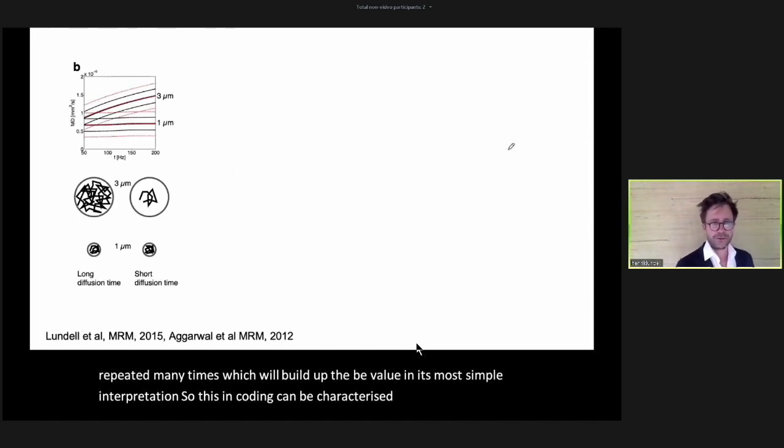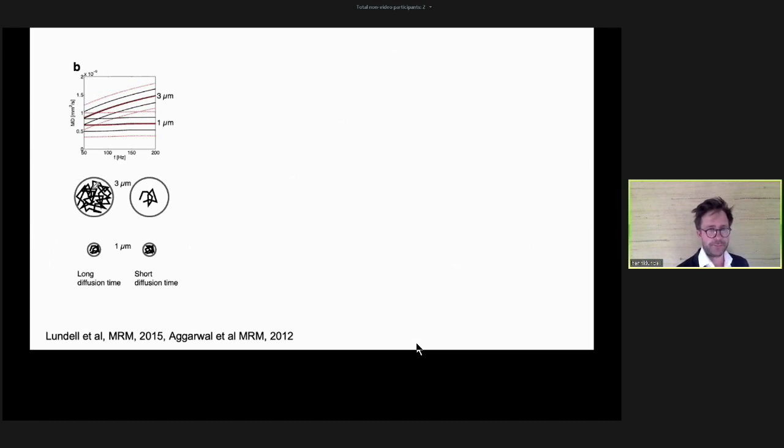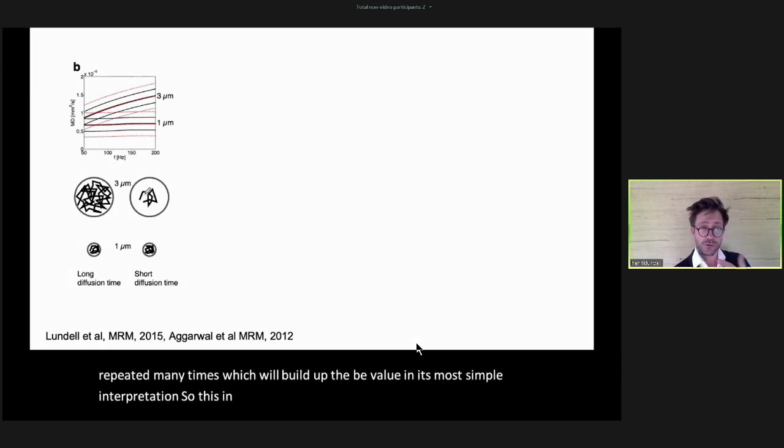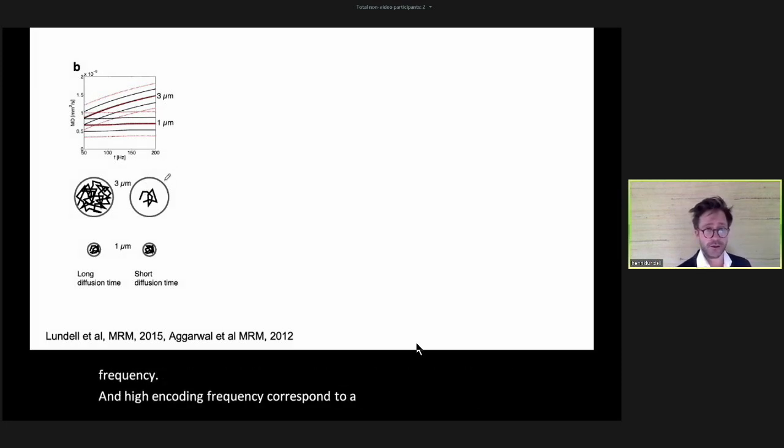If we have two different restrictions here, one big restriction and one smaller restriction, we are going to measure low diffusivity at low frequencies, or long diffusion times. But as we crank up the frequency, we are gradually going to go towards free diffusivity in the larger pores.